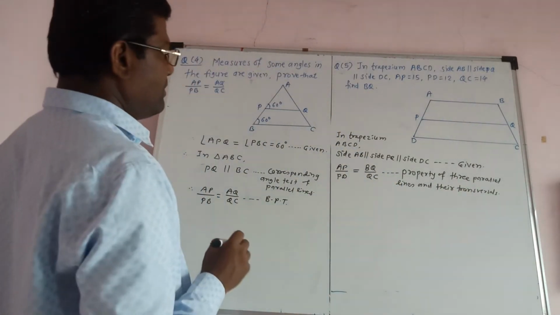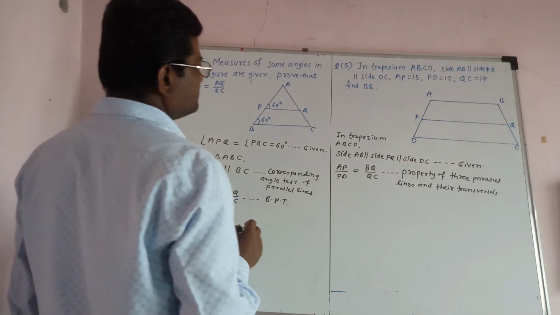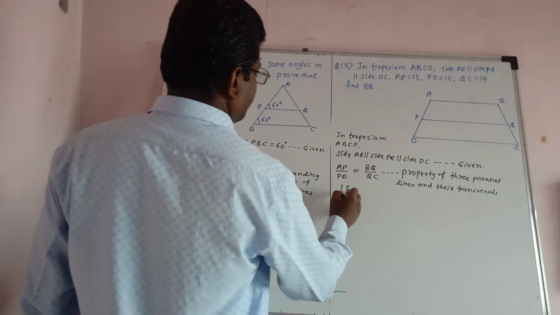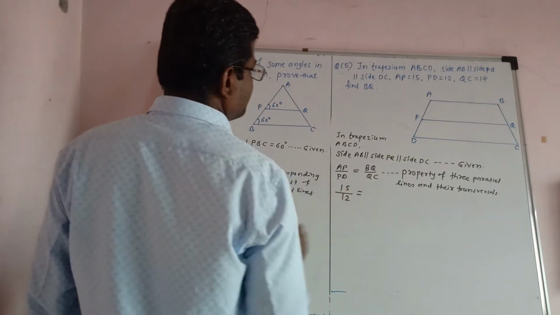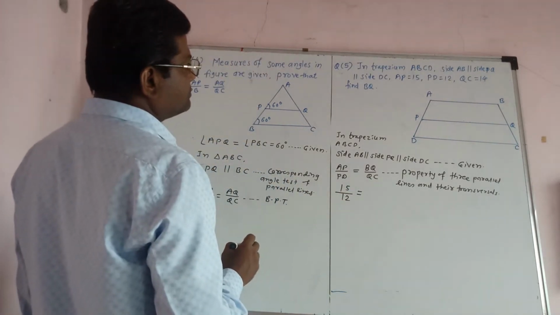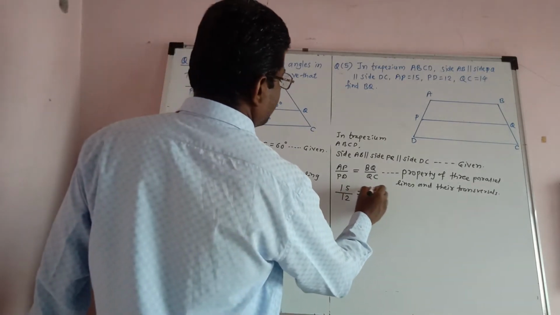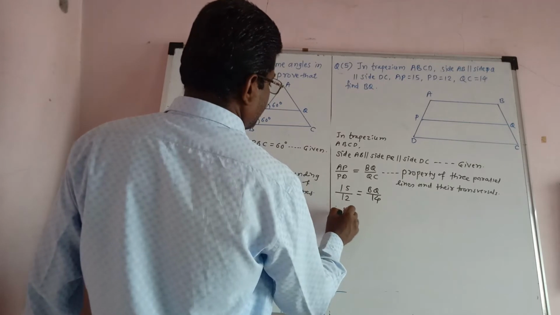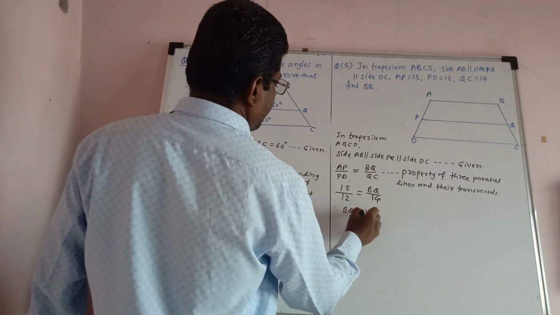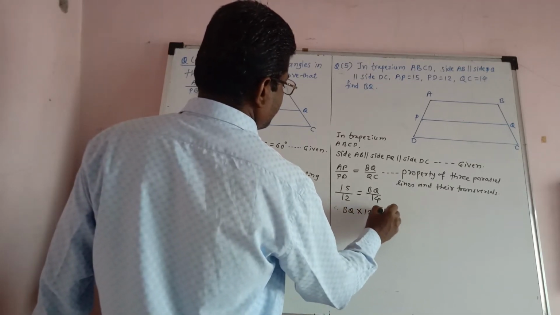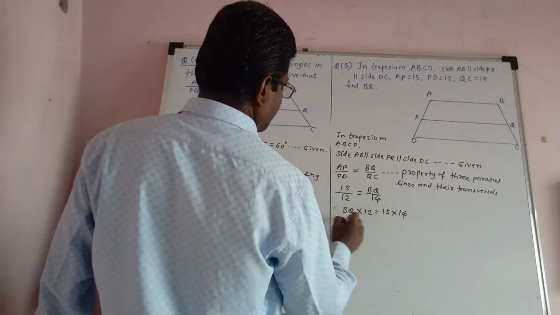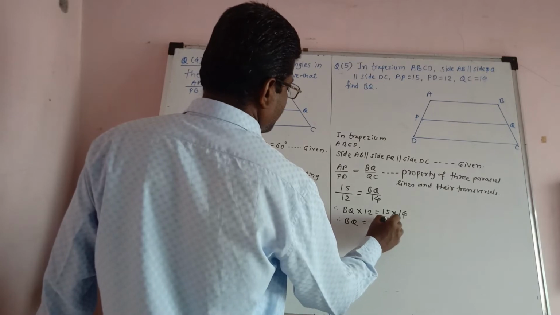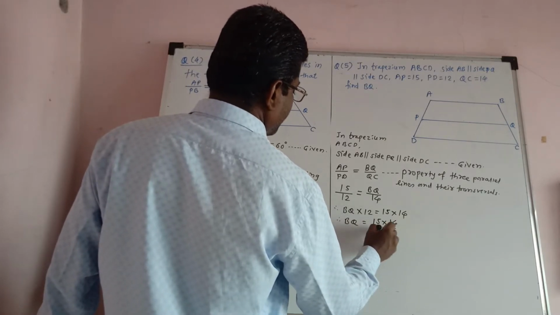Now put the given values. AP is 15 upon PD 12 is equal to BQ, BQ is to be found out, upon QC which is 14. Therefore, BQ into 12 is equal to 15 into 14. Therefore, BQ is equal to 15 into 14 upon 12.